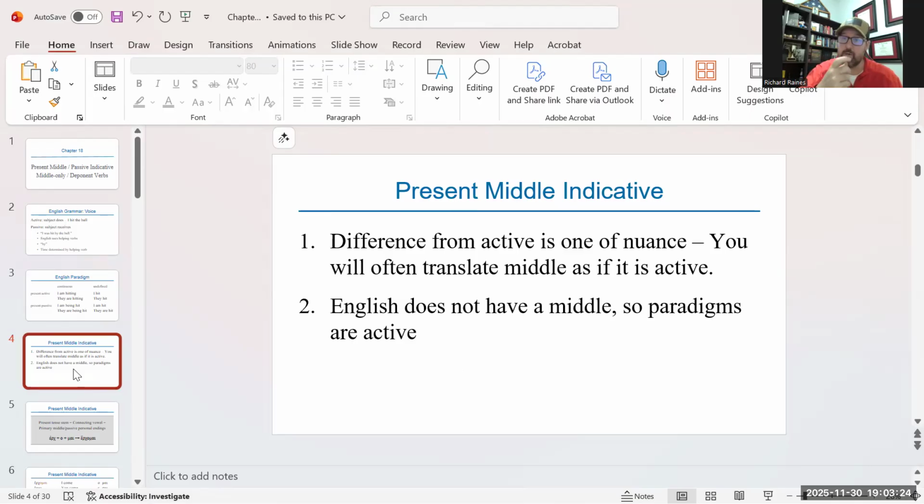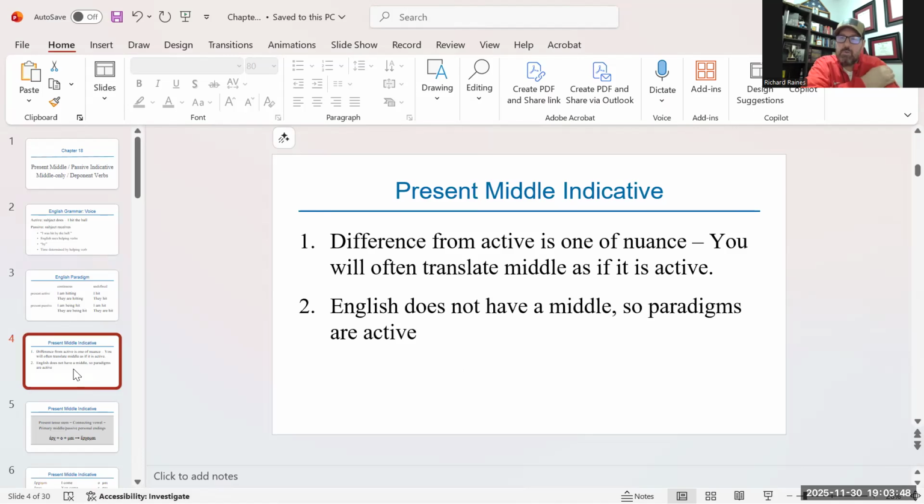But in Greek, you have a middle voice, and it's hard to translate it into English. And so the way that we're going to translate the middle voice is most often as the active voice, because you don't have a middle voice in English, so it's difficult to translate.